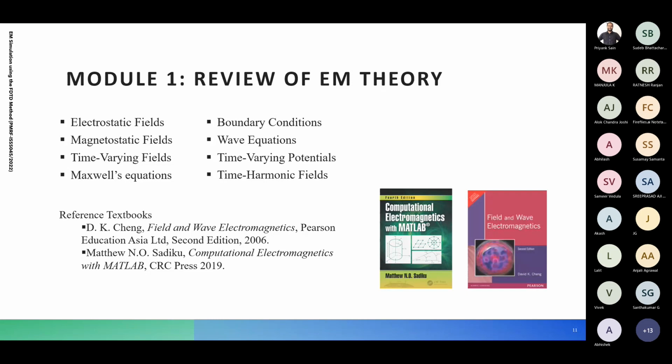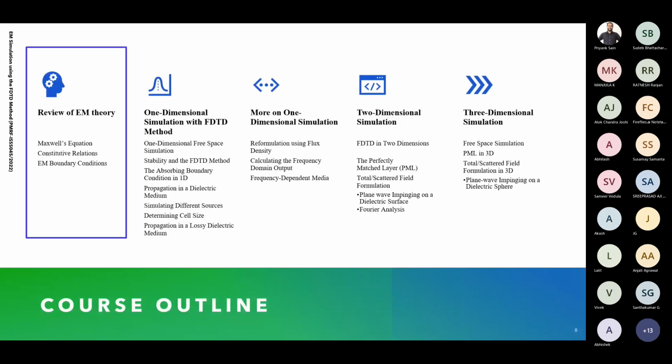I'll go back again to the course module. Today's class is on review of EM theory, and the next two classes will be on the one-dimensional FDTD method. Another class will be on more 1D methods. Approximately two to three classes on 2D simulation, and maybe one or two classes on 3D.